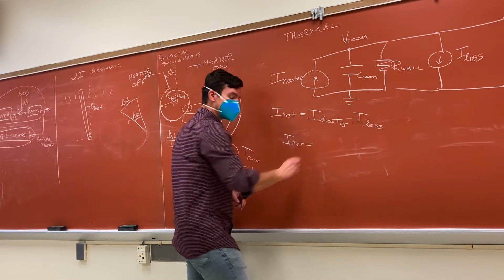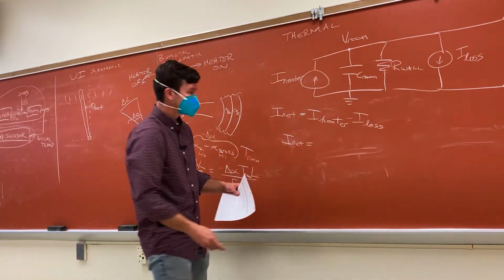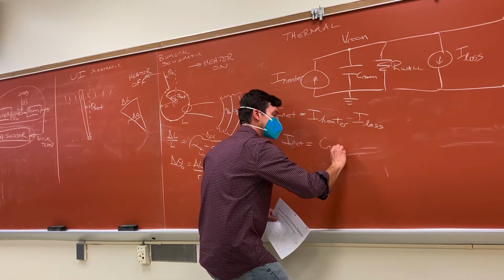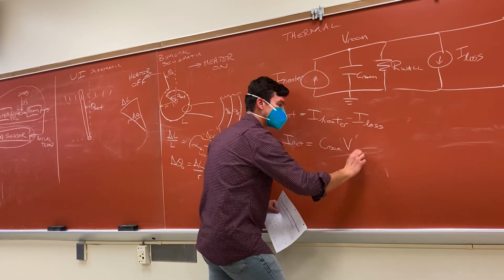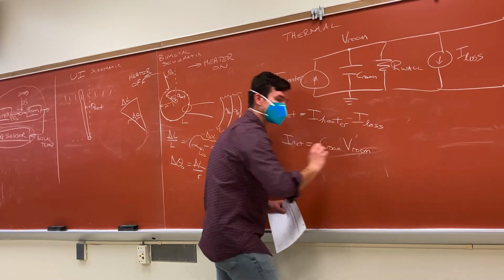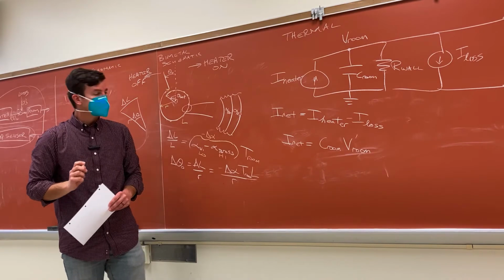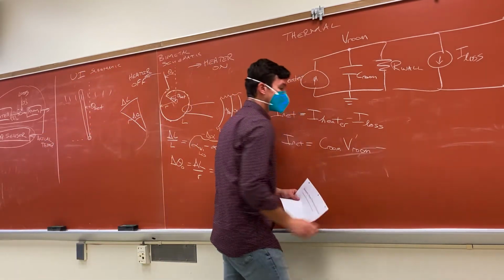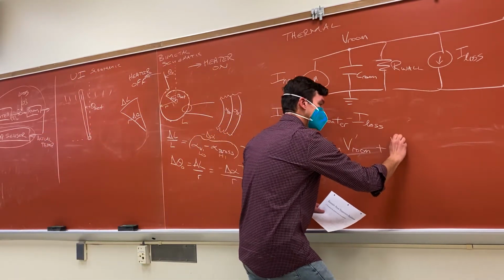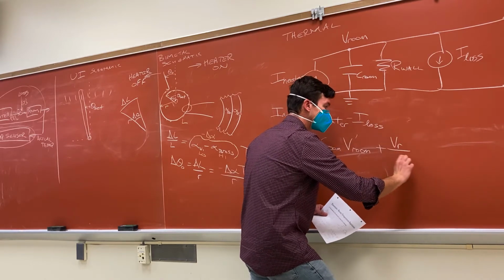So that will be the capacitance of the room times the time derivative of the room's temperature, or voltage, plus the current, or heat, lost through the wall.